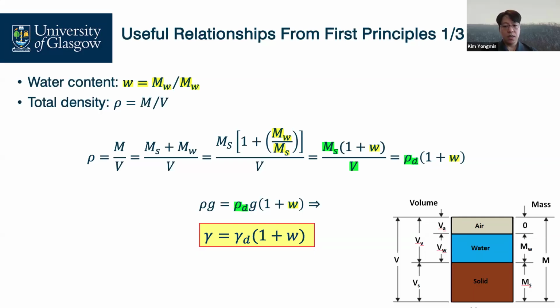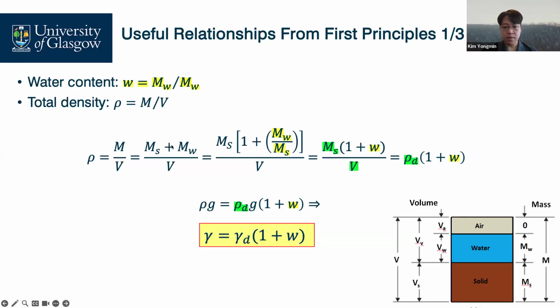Okay, let's remember the water content is the mass of water per mass of soils, MW over MS. This is a typo, right? Total density, rho, is total mass per total volume. Let's start with total density. This total mass can be decomposed into the mass of solid and water.